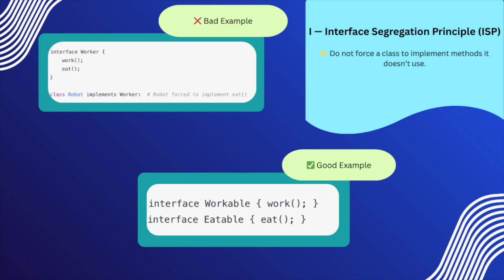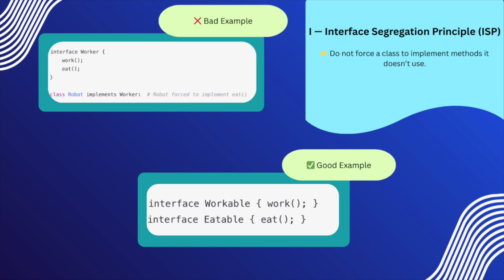This simply means that you do not force a class to implement a method that it doesn't use. Let's say you create an interface Worker that has work and also eat. And then class Robot implements Worker. But Robot is forced to implement eat, but a robot doesn't eat, right? So that is not a good example.